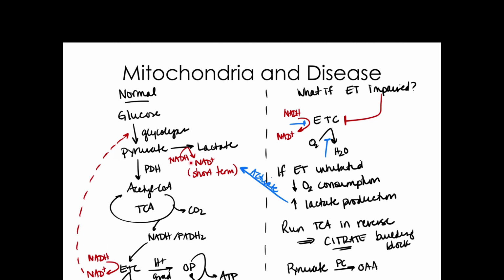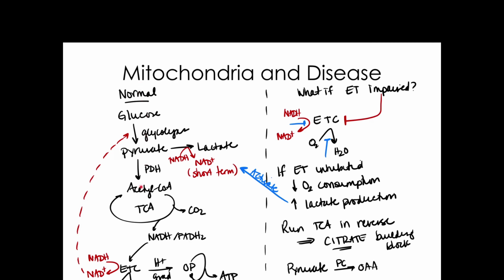So 2 things to highlight here that are very important to think about: the importance of regenerating NAD+. In the short term, in an anaerobic environment, we can very easily regenerate NAD+ by using lactate dehydrogenase to shunt pyruvate into lactate. Again, lactate being reduced allows NADH to be oxidized. That can be a very short-term way to regenerate NAD+, but it's not very sustainable.